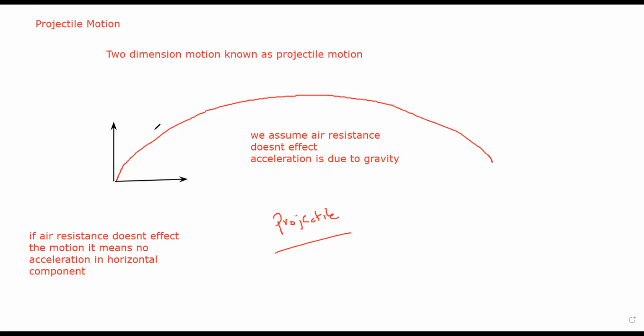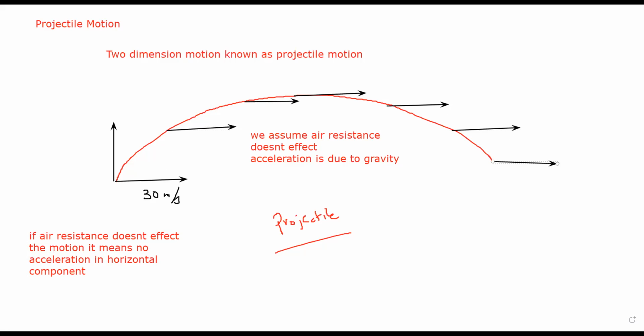For example, you launch a projectile which has two motions, horizontal and vertical. If the original horizontal velocity is, say, 30 meters per second, then the horizontal component at any point will remain the same, 30 meters per second.